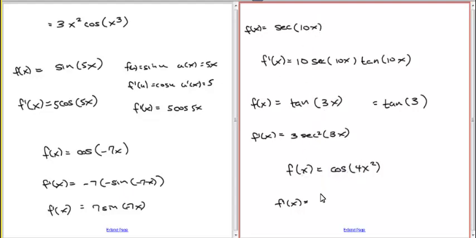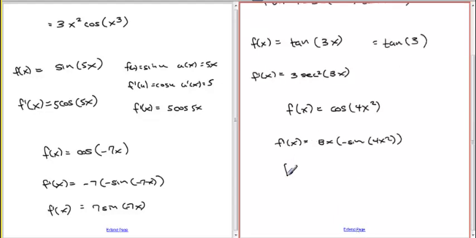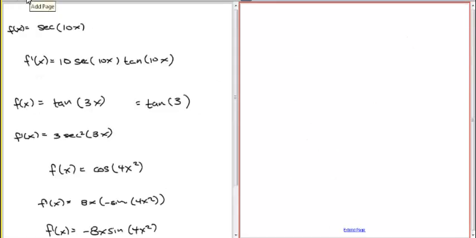The derivative of 4x squared is going to be 8x. So you stick the derivative of the argument out front. You do the derivative of the cosine, which is negative the sine, and you leave the argument the same. And then in this case, we could bring the negative sign out and write it as such. Okay, I think I've harped enough on that.